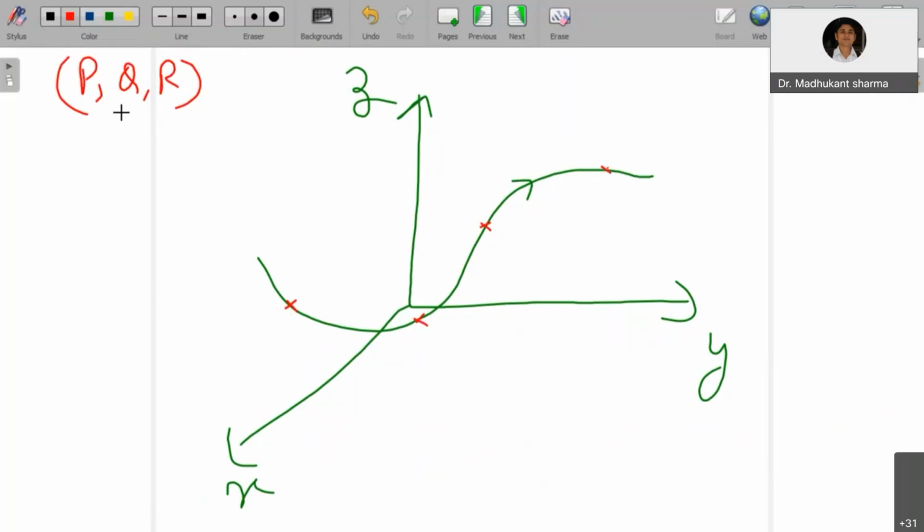If you include this direction at every point, it may generate a field, a direction field.